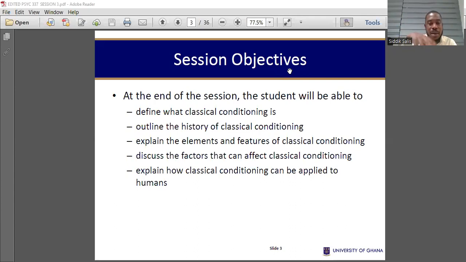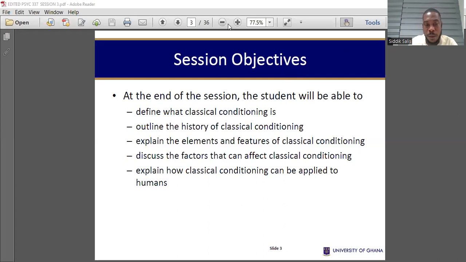What are the things that come to build classical conditioning, such as when you are building a house? What are the things we use in building the house for the house to have its features of a house? What are the elements we need? If you can answer that, then that is the same thing we'll be looking out for when we are talking about the elements of classical conditioning.